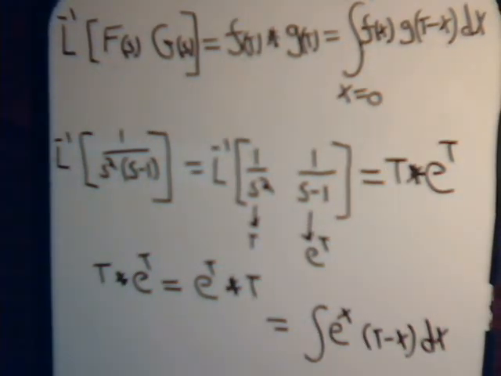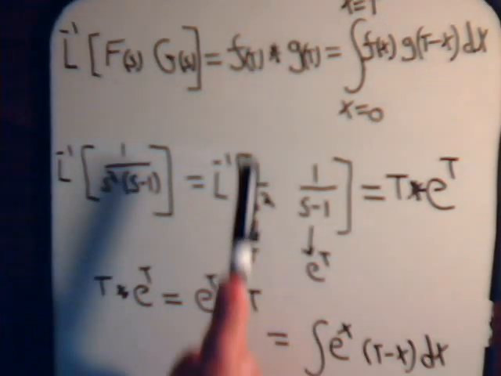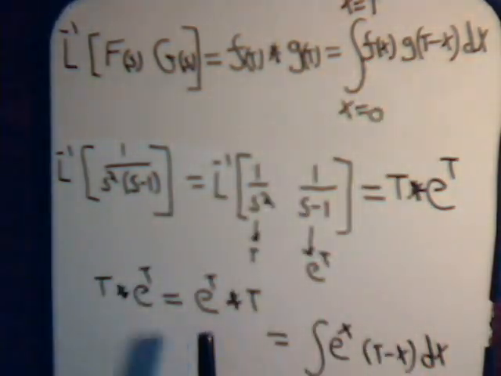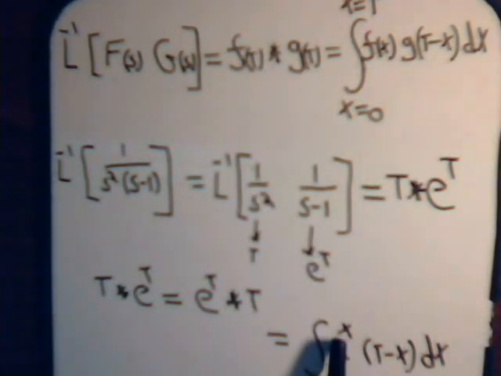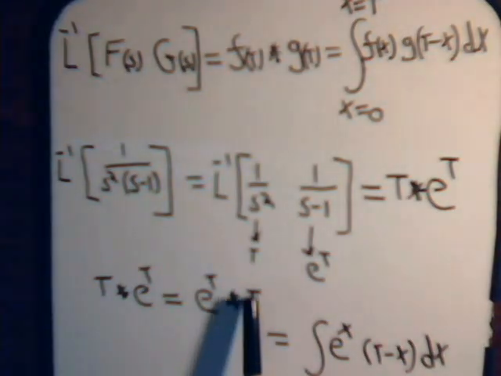And again, that's just applying the basic formula for the convolution operation. f of t inside of the integral is f of x, e to the t, that's e to the x. On the right-hand side, this is our g of t, and the integral is g of t minus x.